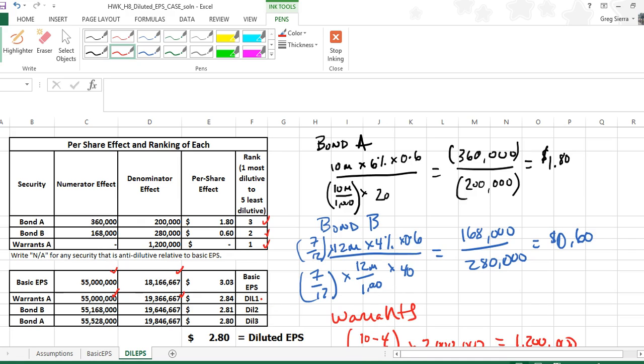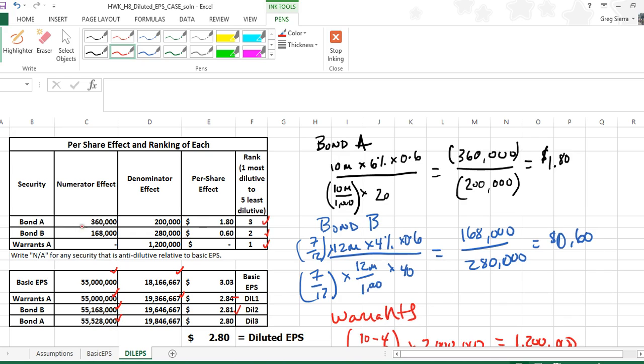So I'm calling it DIL1, dilutive 1 is 284. Now the per share effect of bond B is 60 cents. So you keep going. It's lower than dilutive 1. You're going to add bond B numerator of 168. Add bond B denominator of 280. Now you get 19,646,667, and diluted EPS drops a little more. It's 281.